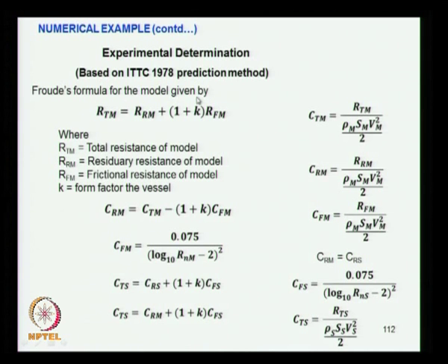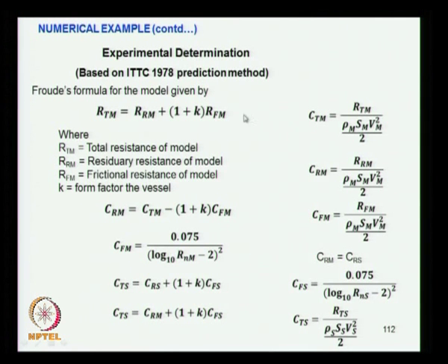Here you already know the method adopted in the ITTC 1978 approach to predict the vessel resistance, where the total resistance of the model is represented by the residual resistance of the model plus the form factor into the flat plate formula expression used by ITTC 1957 for the frictional resistance.